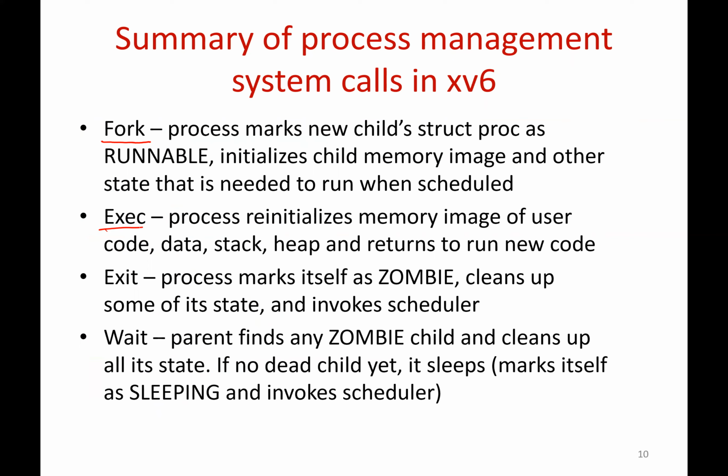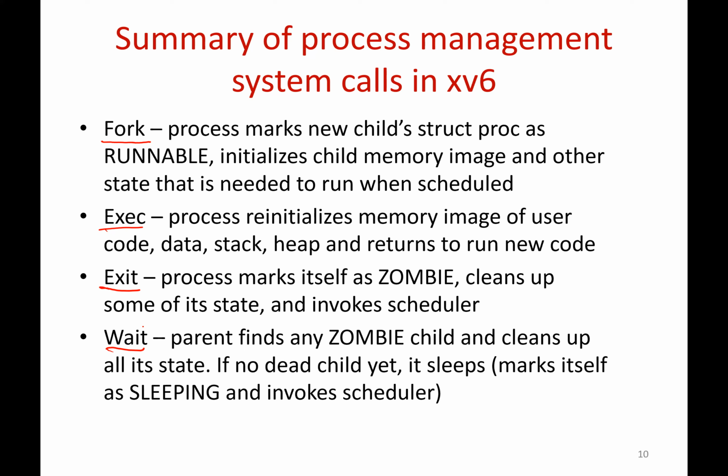The exec system call rewrites, reinitializes the memory image of the process. The user space, code, data, stack, heap, everything is reinitialized so that when a process goes back from the system call, it can run new code. In the exit system call, a process marks itself as a zombie and gives up the CPU to the scheduler. In the wait system call, whichever child has been marked as zombie is found, and the parent cleans up its state and returns.